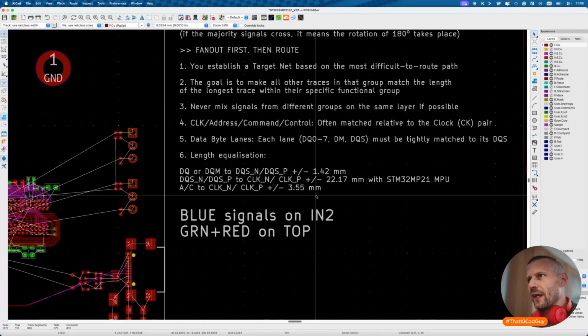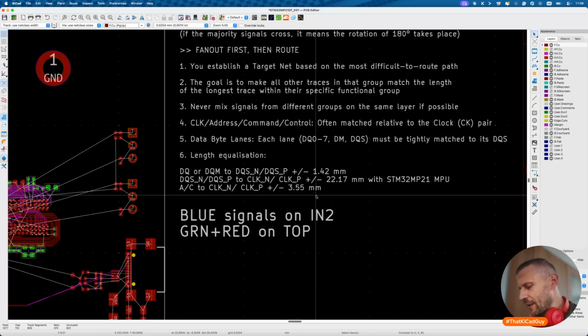And then I want to make it separately, we have the clock signal, which is very loosely, I don't know why, but they say, length tuned to both groups, plus minus 22.